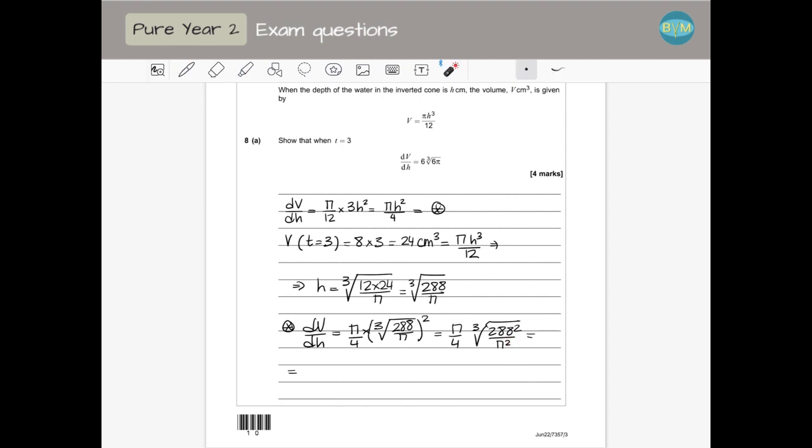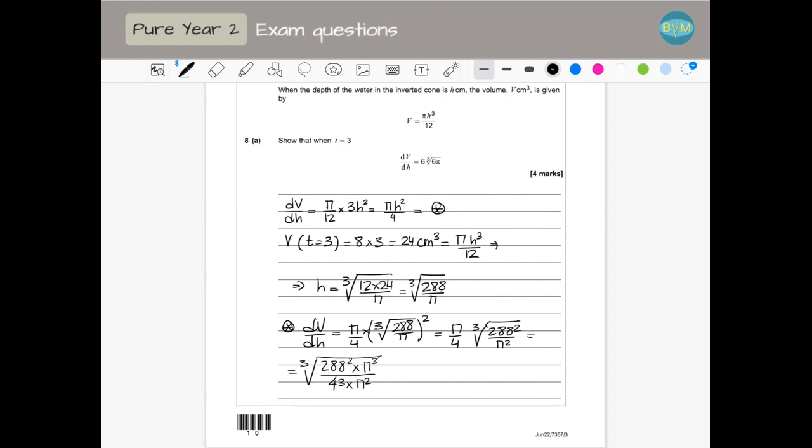And the 4, I can put inside as well, as 4 to the power of 3. So I have 288 squared times pi cubed divided by 4 cubed and times pi squared. This pi cubed comes from here, this 4 to the power 3 comes from here. And then it's very easy to simplify.